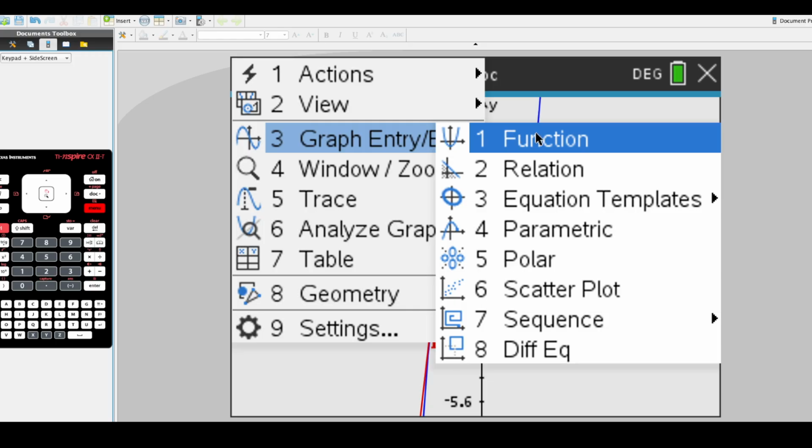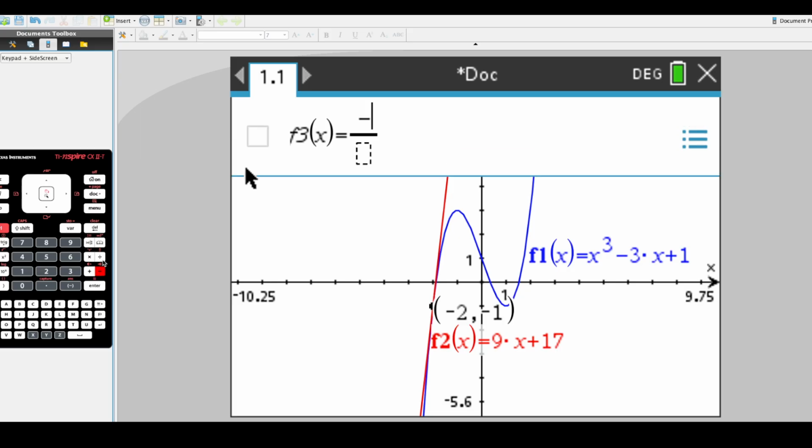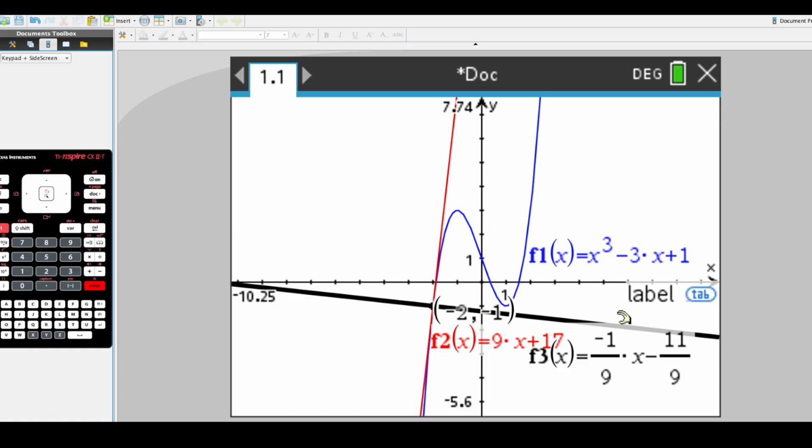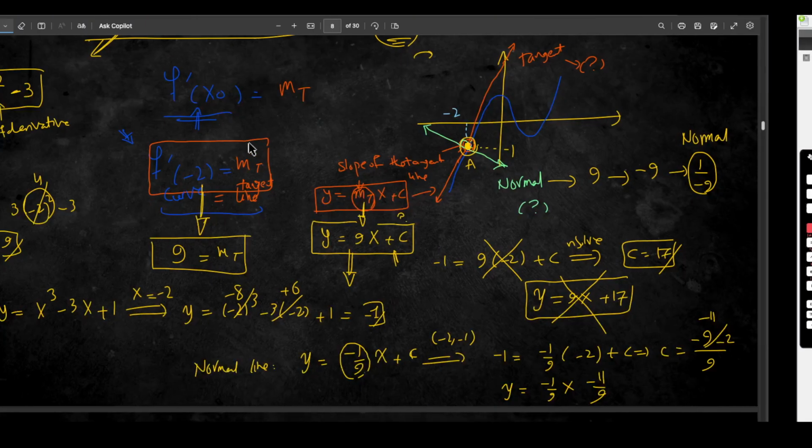Graph function y equals minus 1 over 9 x minus 11 over 9. As you can see, the black is also the equation of the normal line to my curve. So everything apparently makes sense. Okay, this is the core concept of the normal line and the tangent line. Thank you.